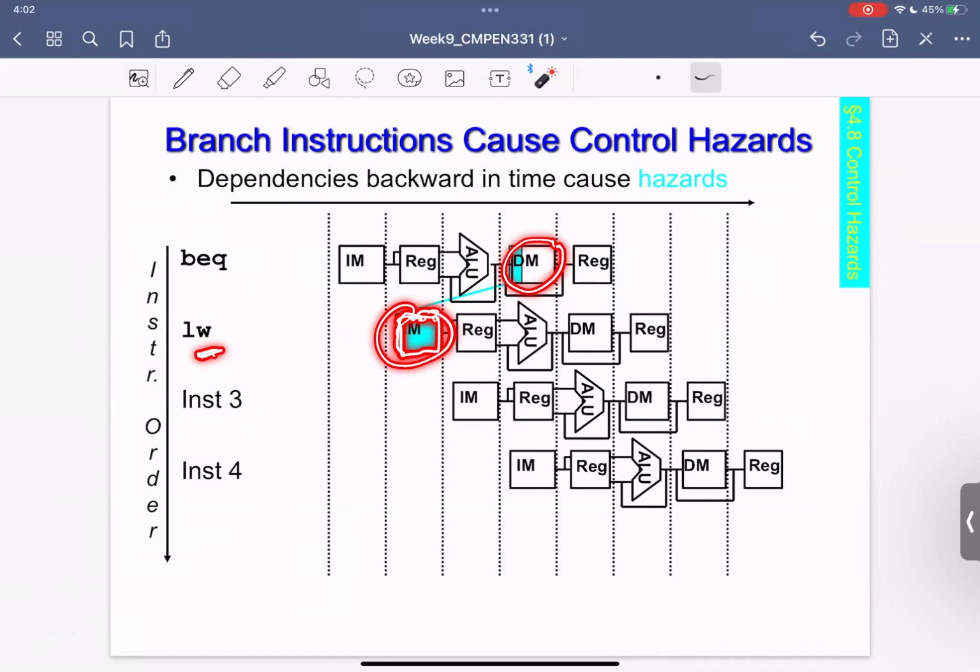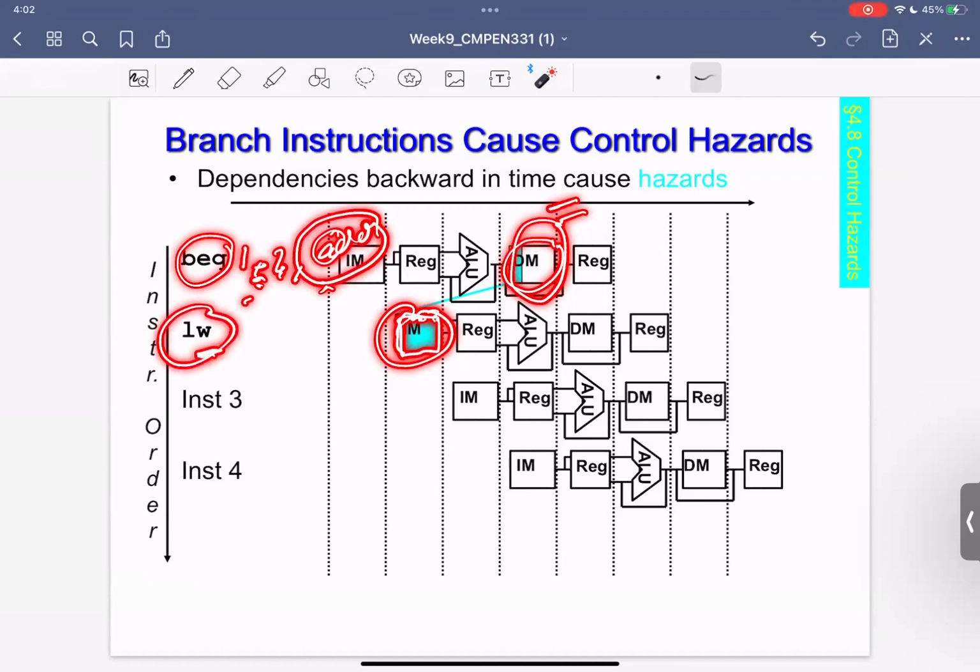It might be correct, it might not be, depending on the results here. If they are equal, assuming that this is branch equal, then I will go to the label here. It's like register 1, register 2, and then a certain address. So if they are equal, I'm going to that address, which is not the following instruction. So if I fetch the next instruction, it's not correct.